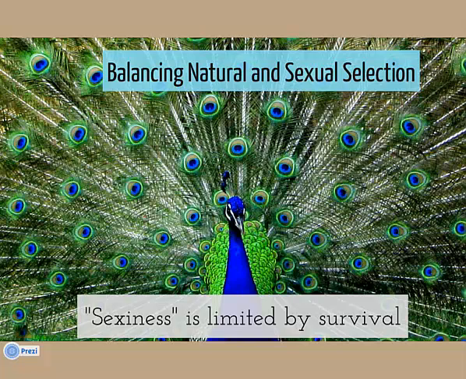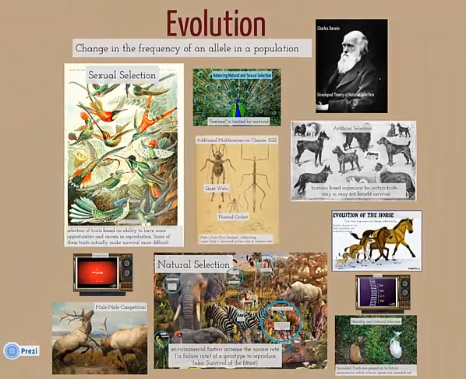These will be passed on if they are successful. So when you're looking at traits of organisms, I want you to start thinking: are these traits the result of sexual selection or natural selection, and where might these be limited, if they are sexual selection, by the pressures of natural selection?